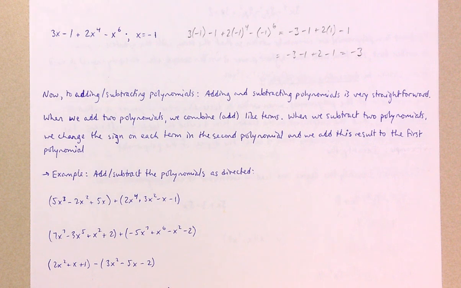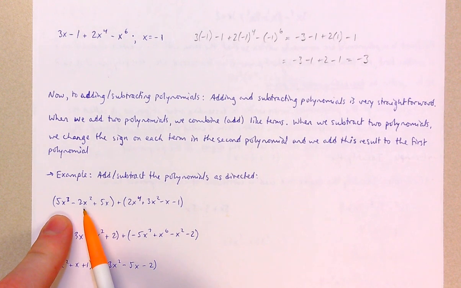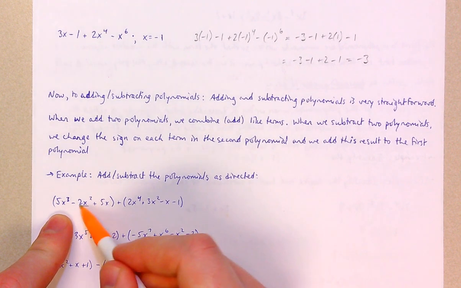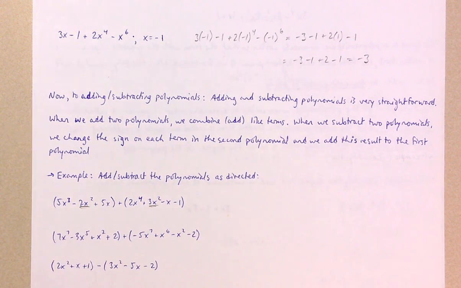So I'm looking for terms that have the same variable and the same exponent on the variable. Okay, I don't see any other x cubed here. Do I see any other x squareds here? I see an x squared and I see an x squared. So I can combine those things.